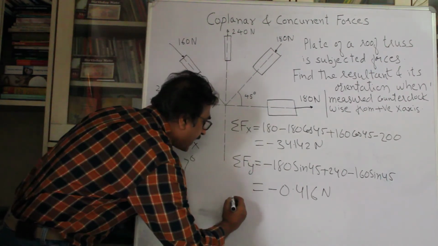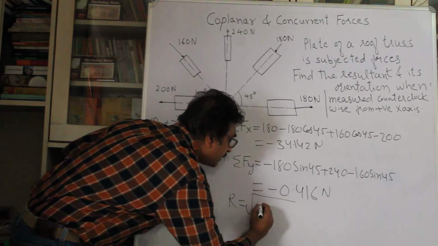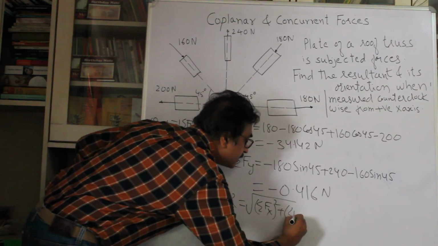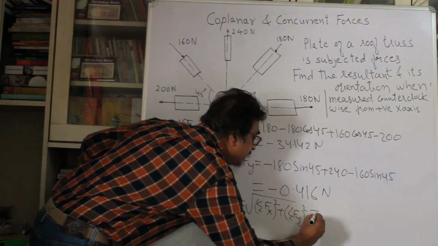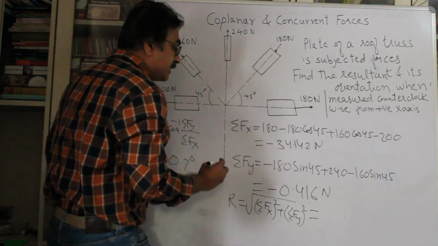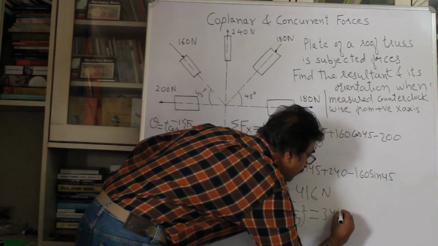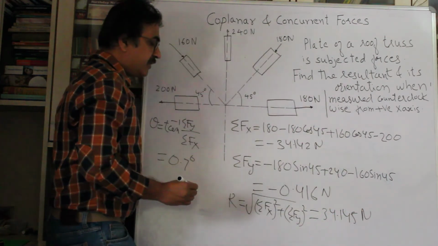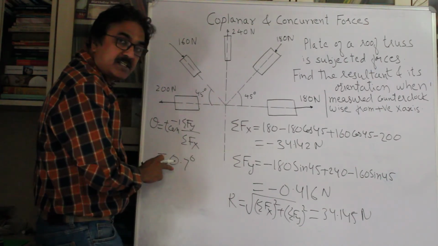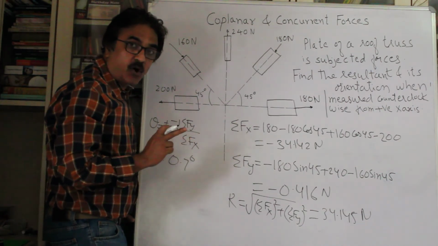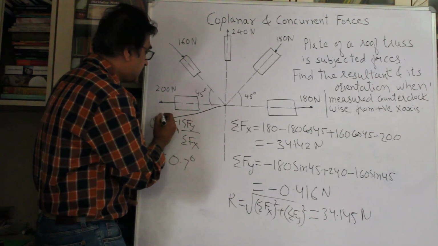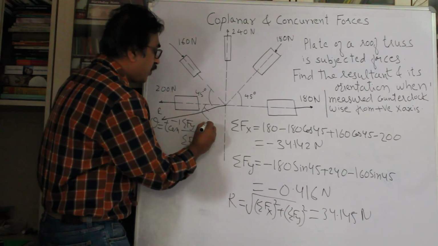So you find the magnitude R, which is the square root of sigma Fx squared plus sigma Fy squared, and this value of R is 34.145 newtons. So this is R, and this is the angle 0.7 degrees which the resultant makes with the horizontal. So you draw a line making an angle of 0.7 degrees.